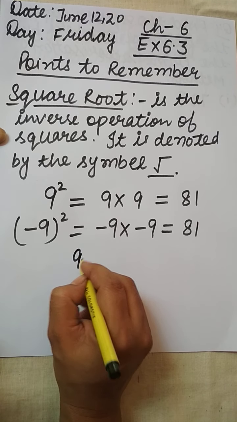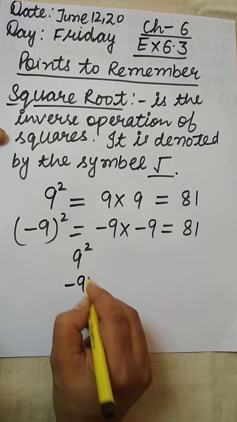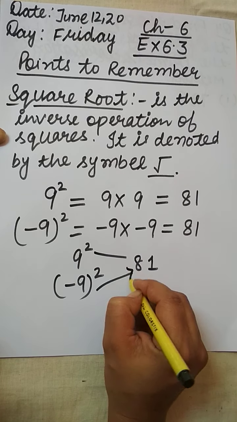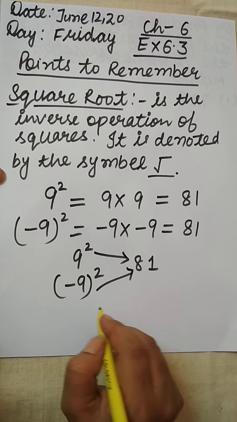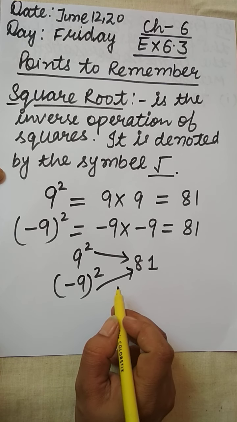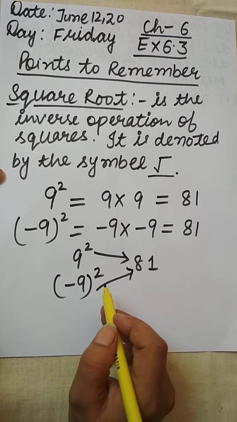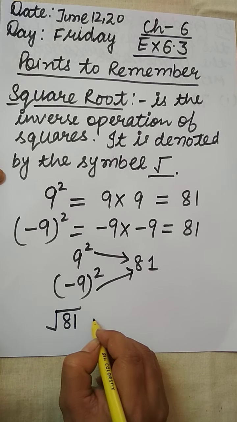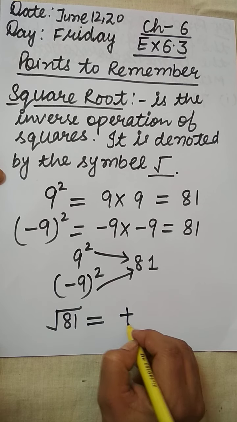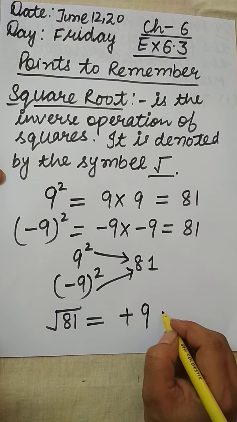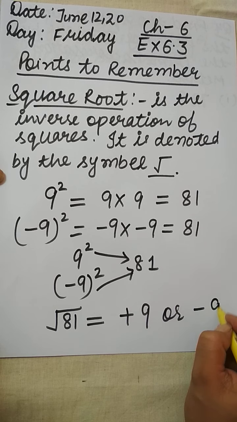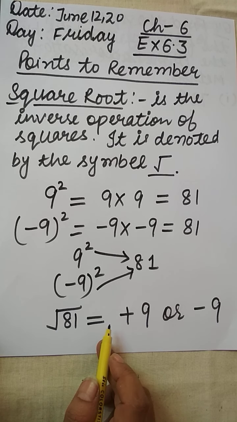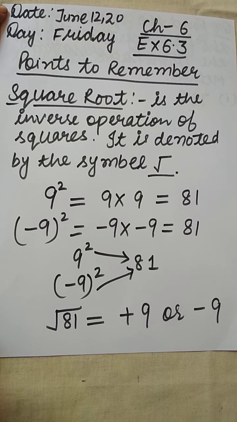Now the square of 9 and minus 9, both are 81. So when we find out the square root, it is the inverse operation of the square number. So then we can say that square root of 81 is equal to either plus 9 or minus 9. So the square root of a given number can be a positive number or a negative number.